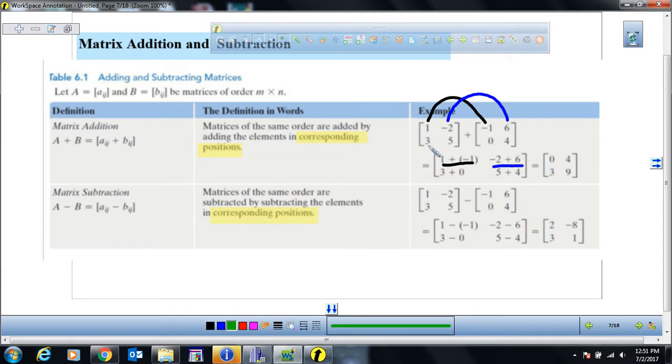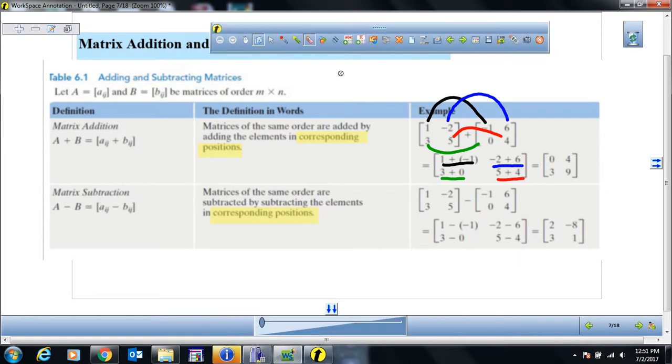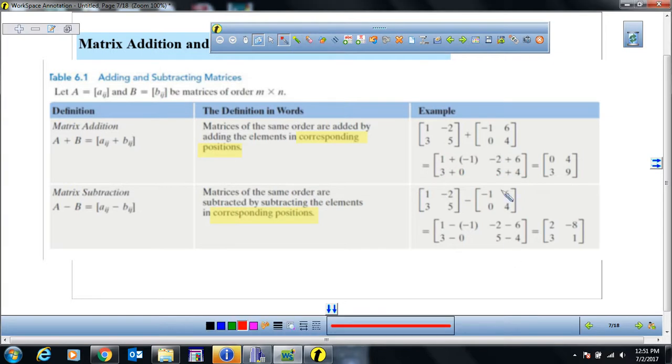The element in the second row, first column needs to be added to the element in the second row, first column. And the element in the second row, second column needs to be added to the element in the second row, second column, and so forth. So we need to add or subtract corresponding elements of the two matrices when we're adding or subtracting. Either one is the same idea.